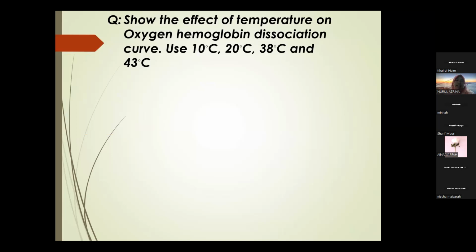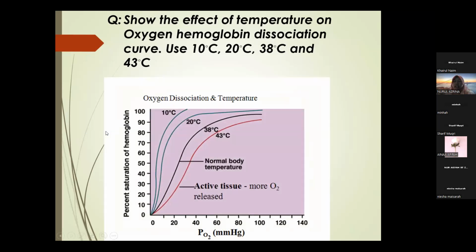Next, let's see the effect of temperature on the oxygen and hemoglobin dissociation curve at different temperatures: 10 degrees Celsius, 20, 38, and 43 degrees Celsius. Okay, our normal body temperature is around 37, 38 degrees Celsius. All right, and you can see when temperature increases, the oxygen dissociation curve shifts to the right, and lower temperature will be to the left of the normal temperature.